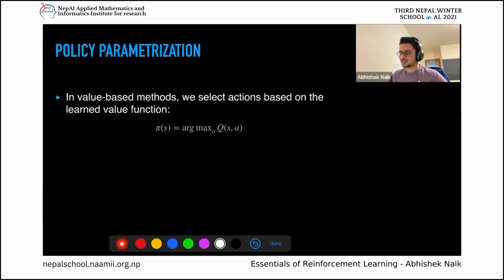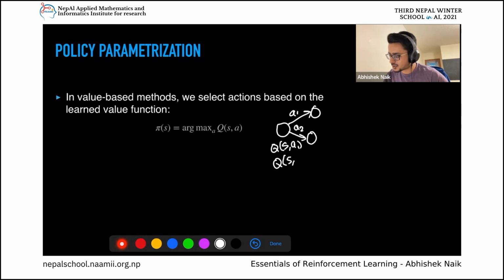So if you had a state and many possible actions, you would look at whether Q(S, A1) is greater than or equal to Q(S, A2). If this quantity is better, you pick action A1. That is what the argmax would give you, else you pick A2.